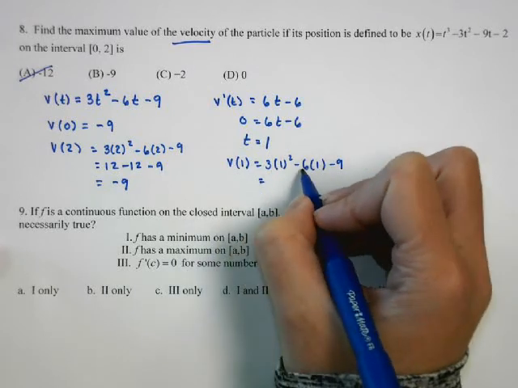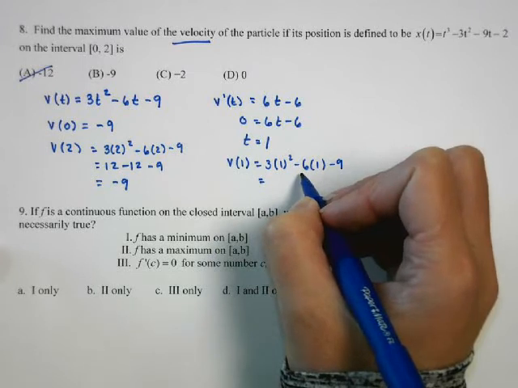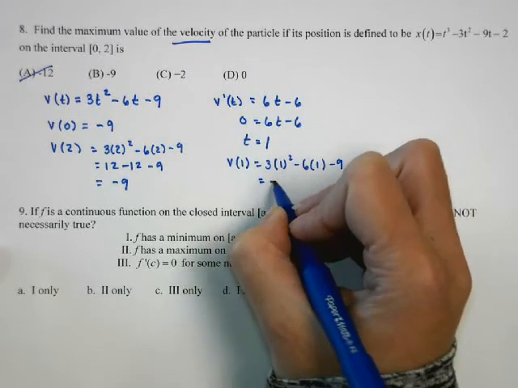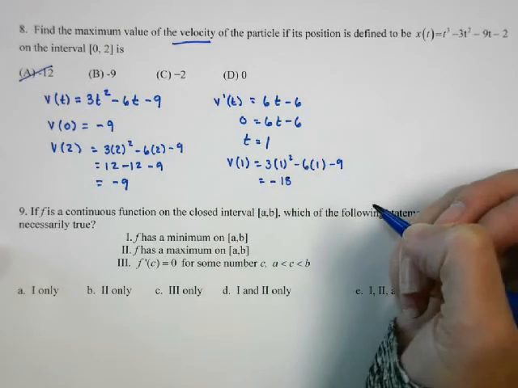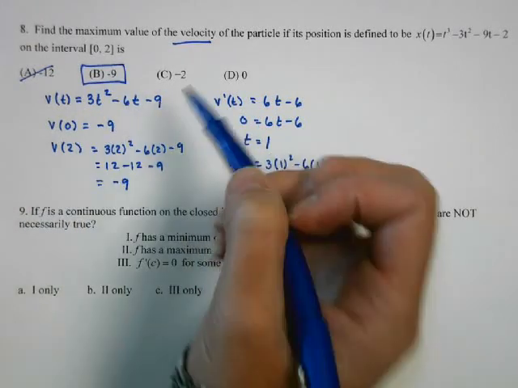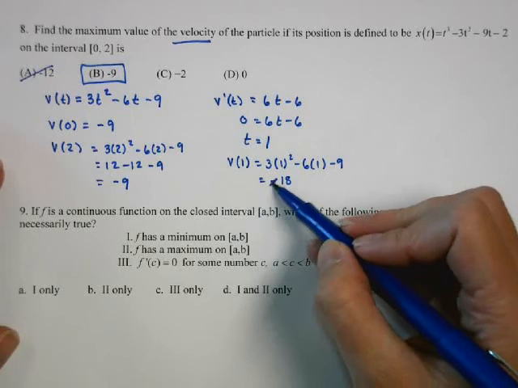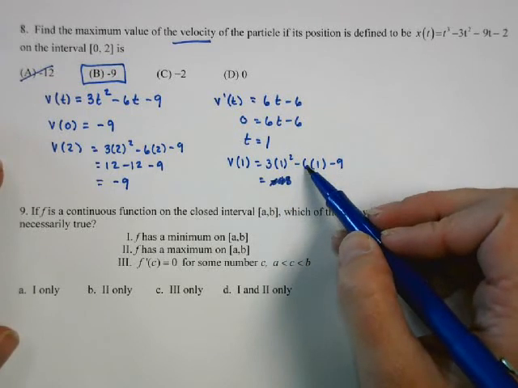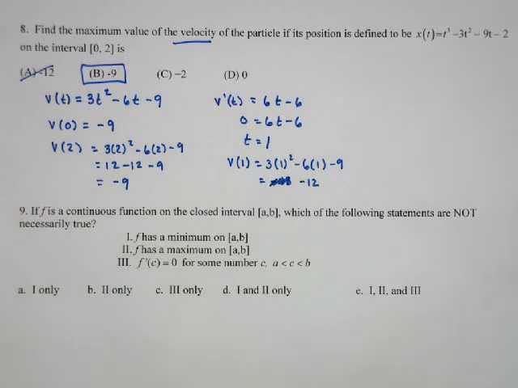So we're going to have 3 minus 6 is negative 3, minus 9 is negative 12, which is not bigger. So our maximum value is going to be negative 9. Still, negative 9 is our answer.